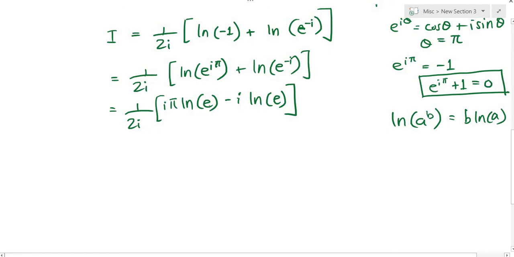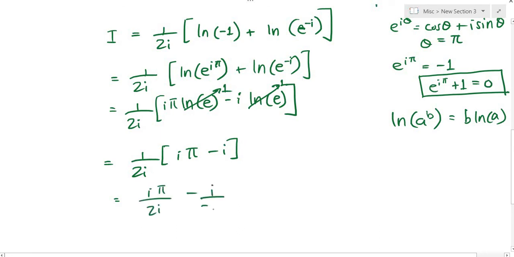But what's the natural log of e? 1. This goes to 1, this goes to 1, and finally we have 1 over 2i times i pi minus i. So multiplying everything, we have i pi over 2i minus i divided by 2i.